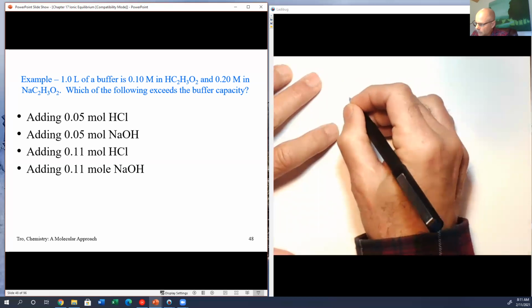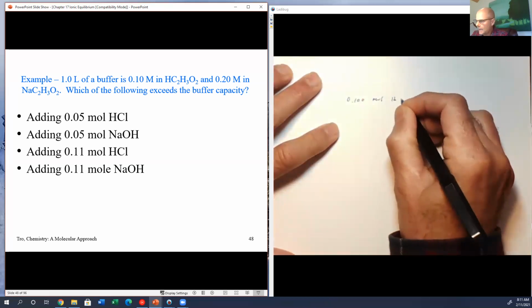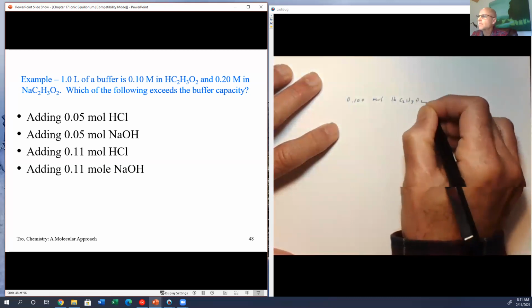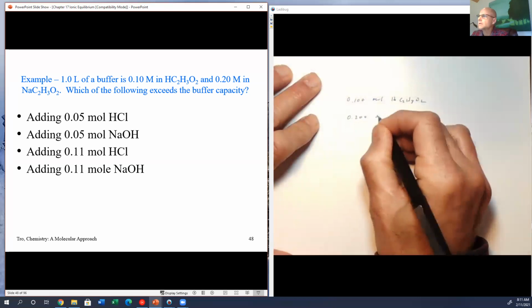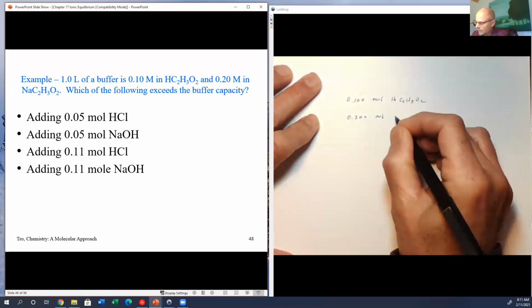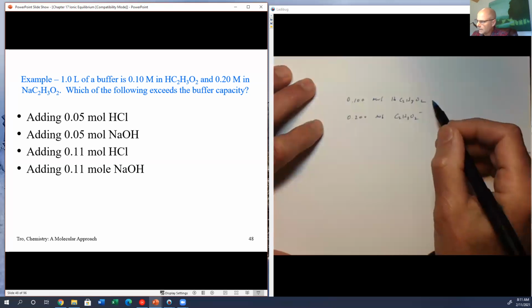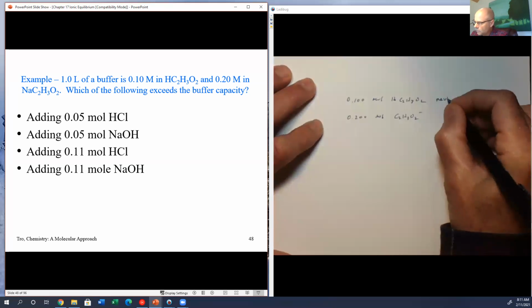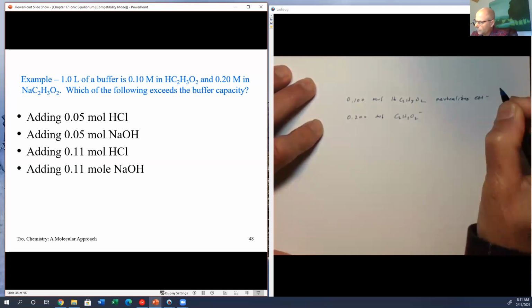So I have 0.100 moles of acetic acid, and I have 0.200 moles of sodium acetate, the conjugate base. So remember, this neutralizes added base, OH minus.